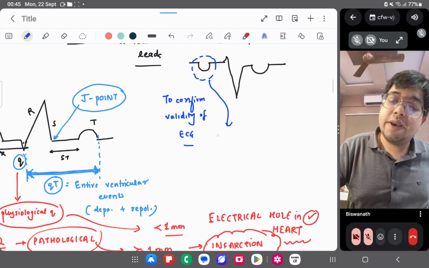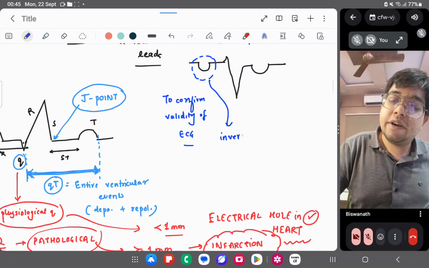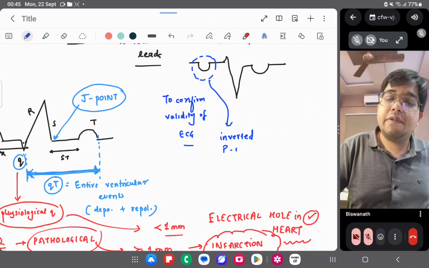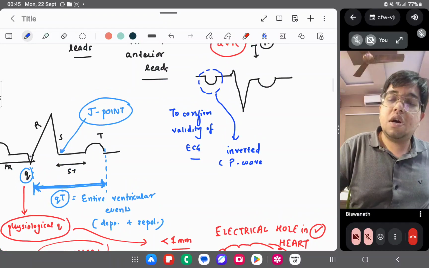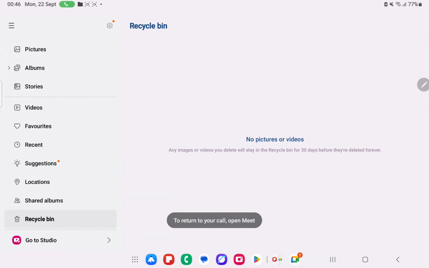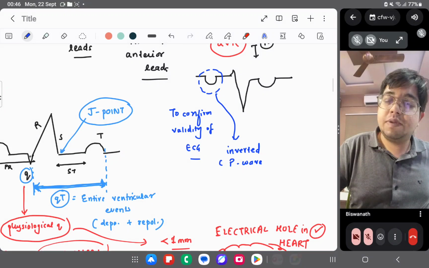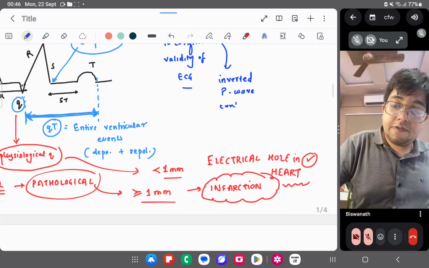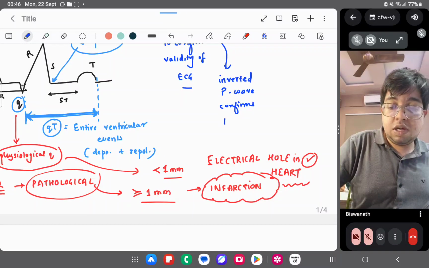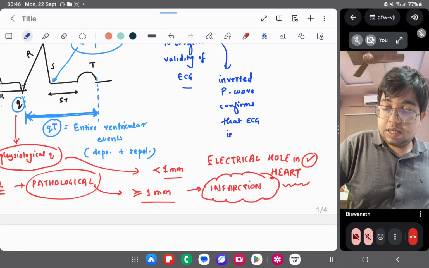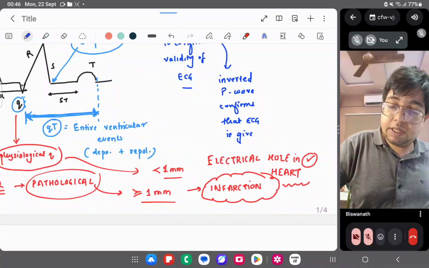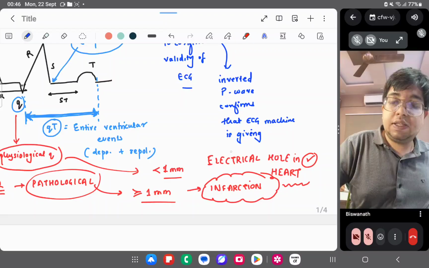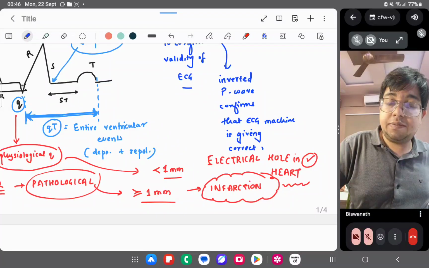So an inverted P wave confirms that the ECG machine is giving correct readings.